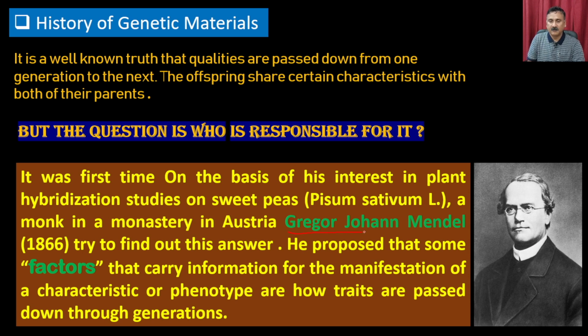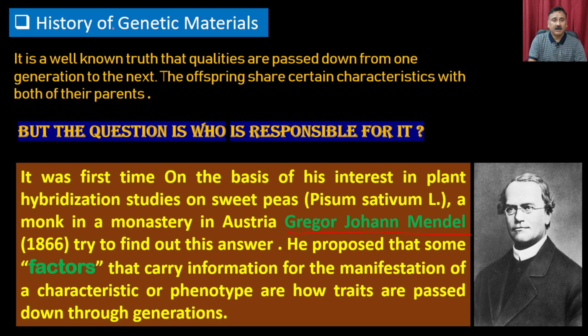He is considered the father of genetics, and he did extensive experiments with pea plants, taking a combination of traits, and that's how he came up with the classical rules of genetics.